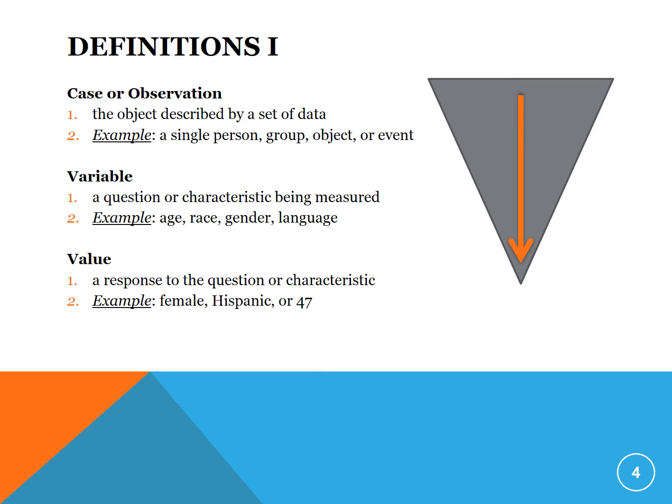So if the variable is age, and somebody said, my age is 47, then that's their value, the value of that variable age. If the variable is race and someone responded Hispanic or black or white, that is the value. And again, female, that's the value for the variable gender.